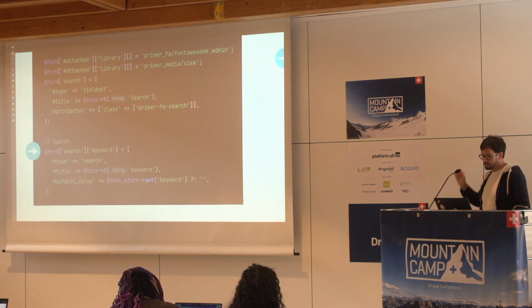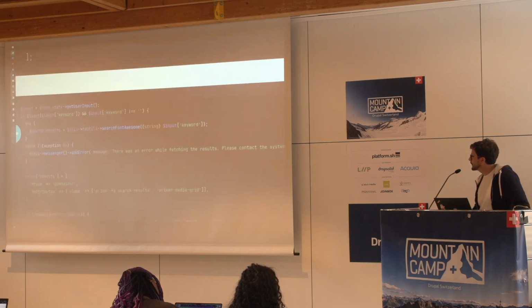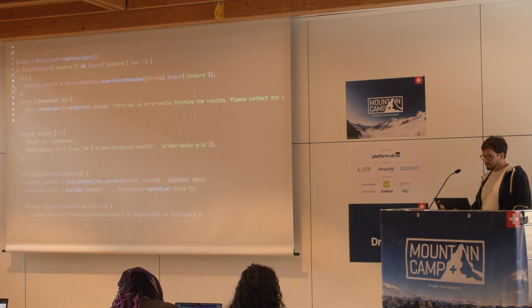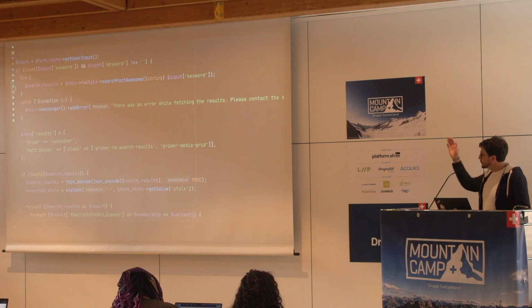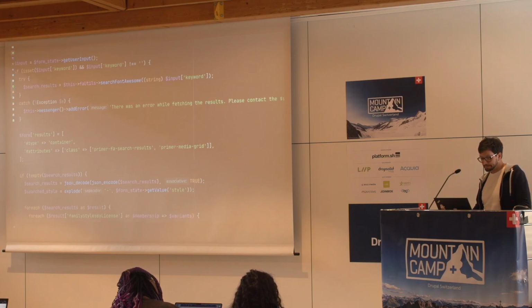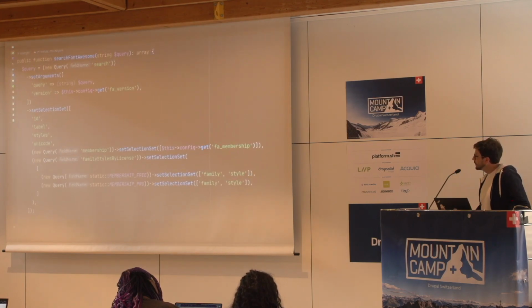First, we build the search form. Then, if we have the keyword, we query the API and build the list. They use GraphQL, so we rely on a PHP GraphQL library for that, but it's just for this, and I think for versions.